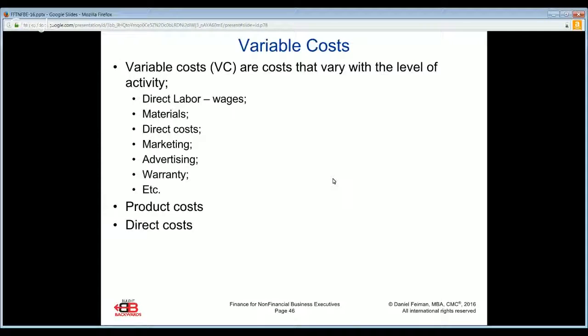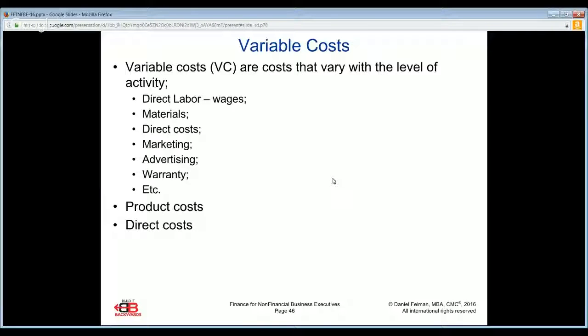Variable costs are costs that move proportionally to our production. As production increases and decreases, the variable costs increase and decrease. So think of it this way. Direct labor that goes into our product or our service, materials, our marketing and advertising that create the actual sale.